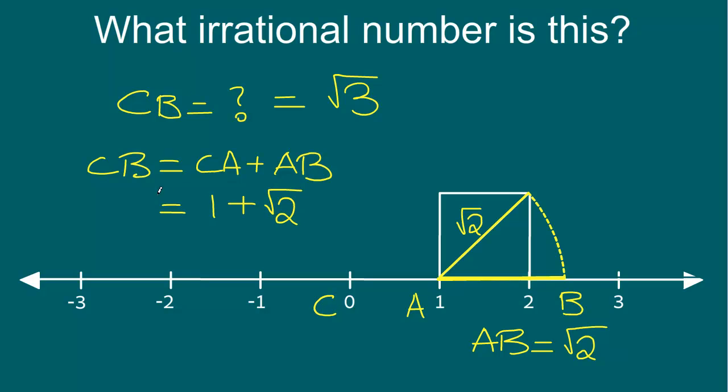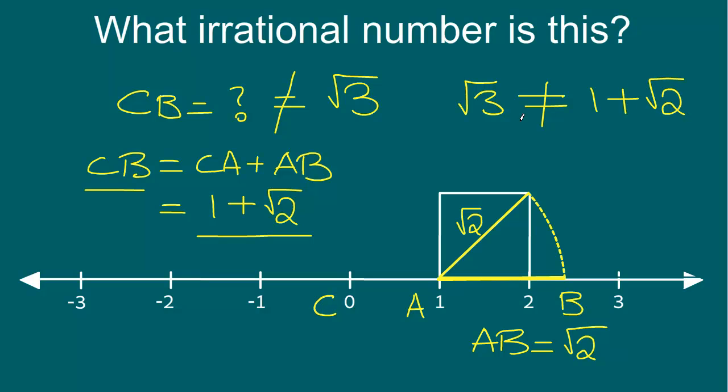In other words, CB is not equal to square root 3. CB is equal to 1 plus square root 2. And we will learn later when we talk about operations of irrational numbers, square root 3 is not equal to 1 plus square root 2. So they are two different numbers.